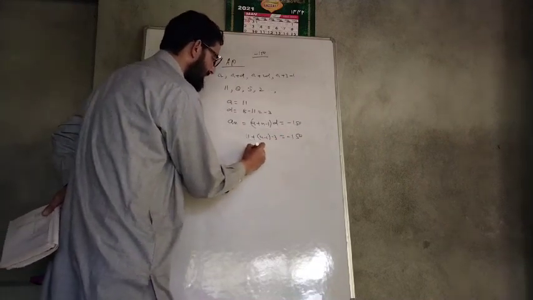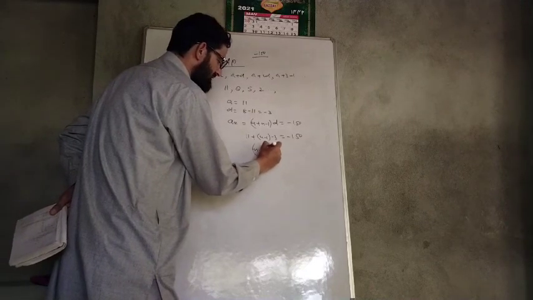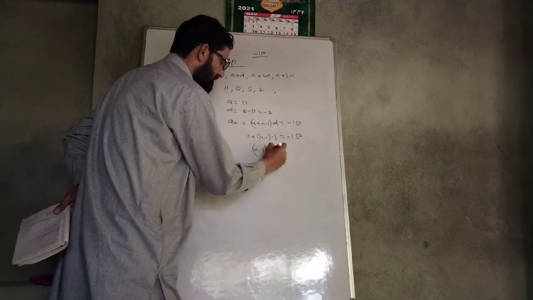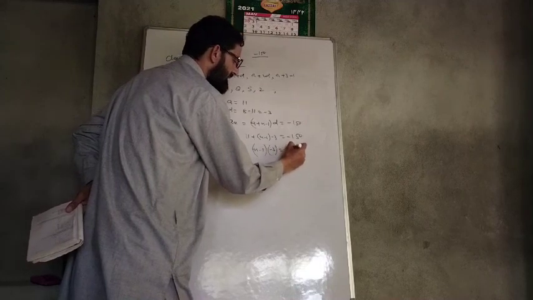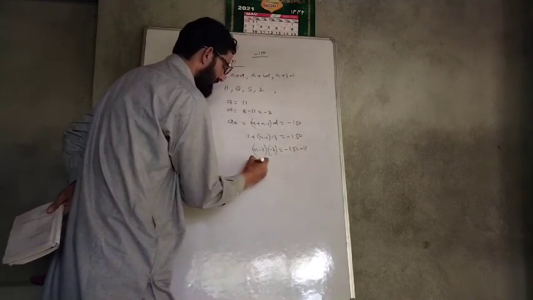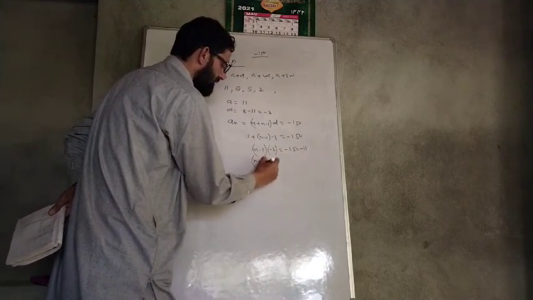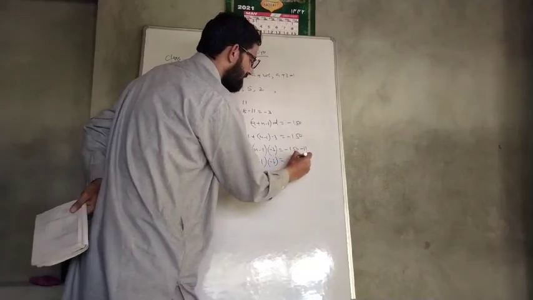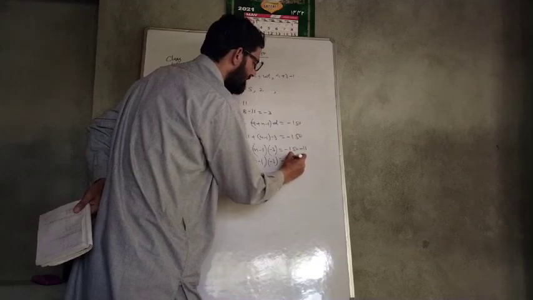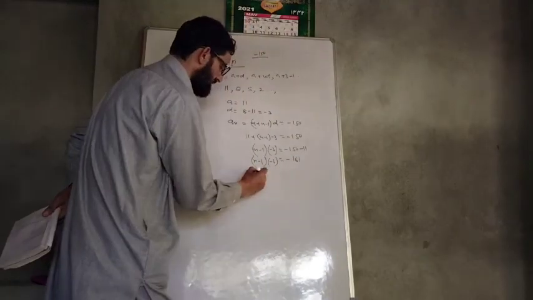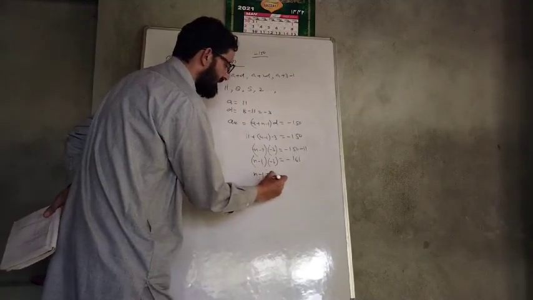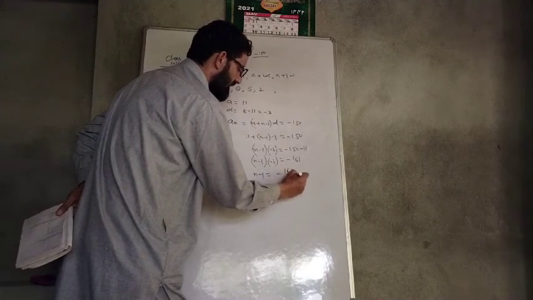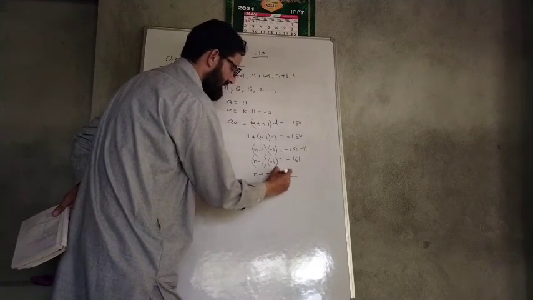So n minus 1 into minus 3 is equal to minus 150 minus 11, which is minus 161. So n minus 1 is equal to minus 161 divided by minus 3. Minus and minus will cancel.